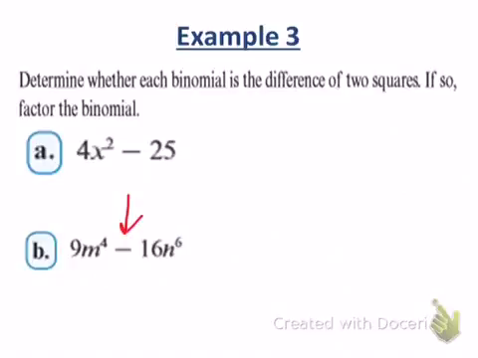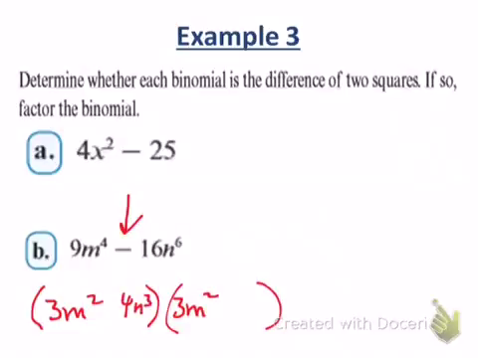Is 9m to the 4th a perfect square? Yes, right? Because 9 is a perfect square and the exponent is even. 16n to the 6th, is that a perfect square? Yes, it is, because 16 is a perfect square and the exponent is even. Right? So what is 9m to the 4th the square of? 3m squared. And 4n to the 3rd.